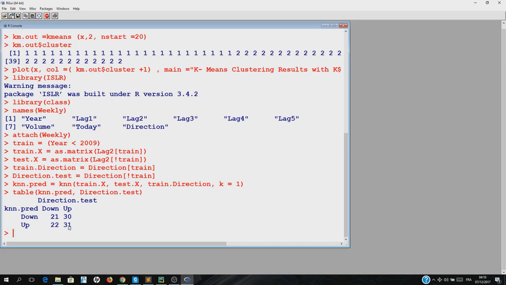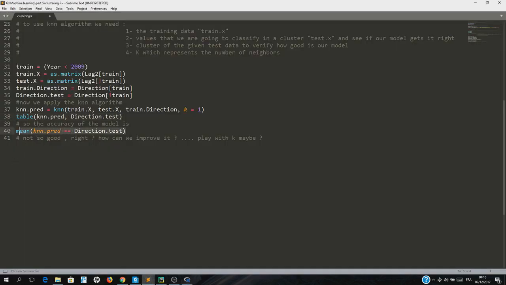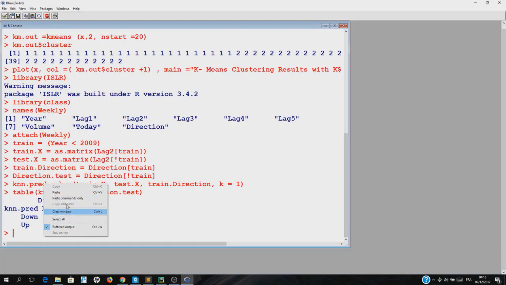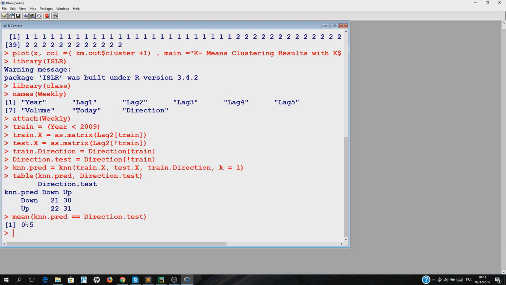So you can see that mostly our model is wrong in predicting, and you can verify this by calculating the mean: this plus this divided by the total, or just use the function mean. 0.5, that means exactly half. So half of the time our model was right, which is not really good.